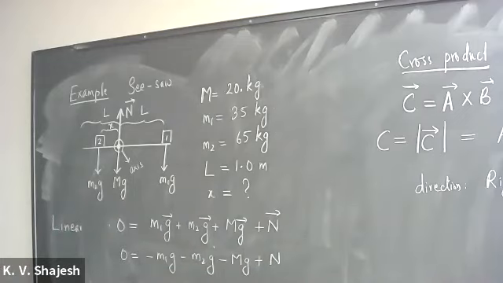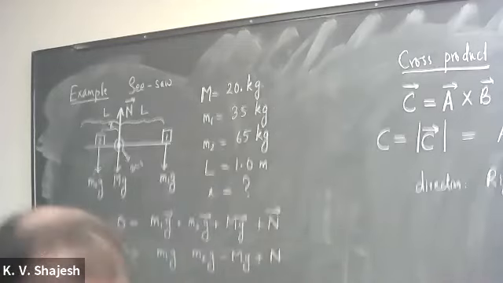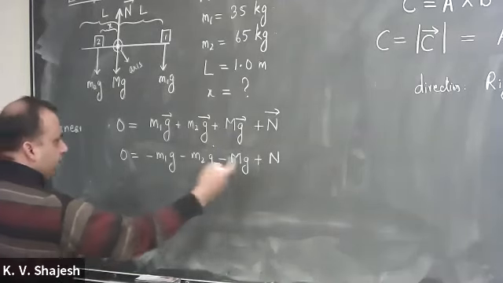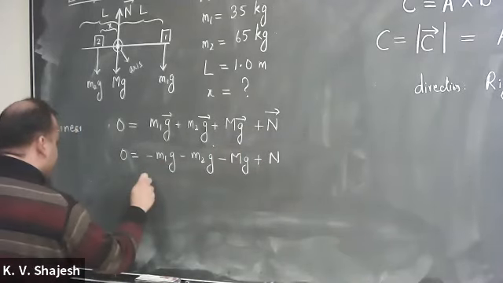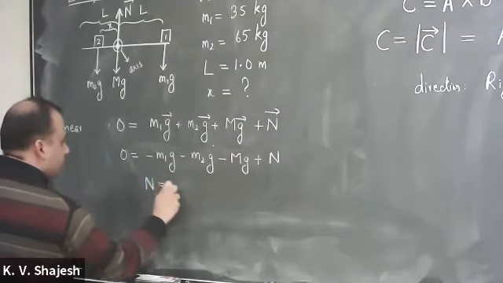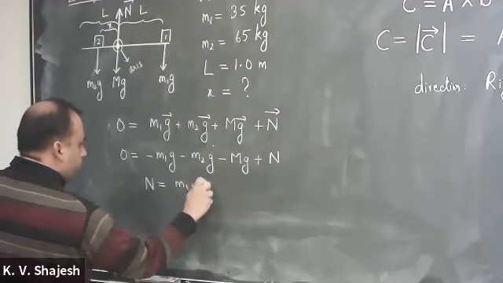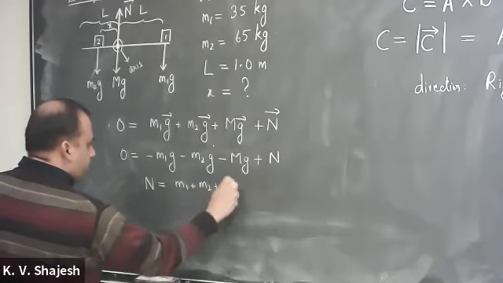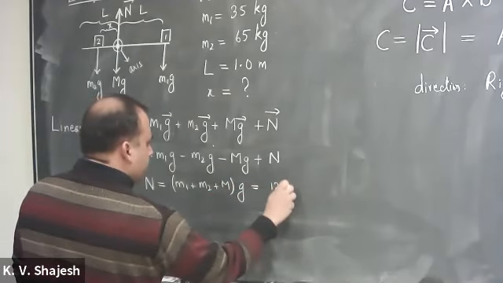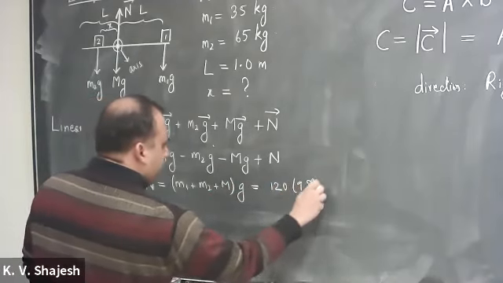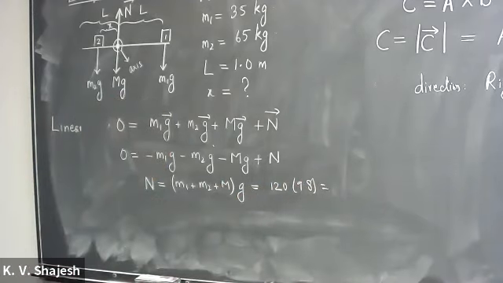Correct? And then you move this to the left and flip it. N is equal to m1 plus m2 plus M times g, and that's 120 times 9.8. So that's what we have done before.